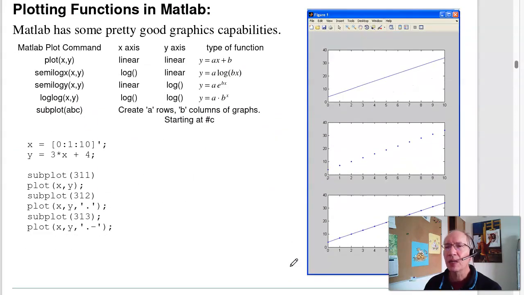Now to plot, there's a couple ways to plot in MATLAB. If I do plot x versus y, that does Cartesian coordinates, where here's the x-axis and here's the y-axis. And if I have a function in this form, that plots as a straight line. I can have the x-axis on a log scale.